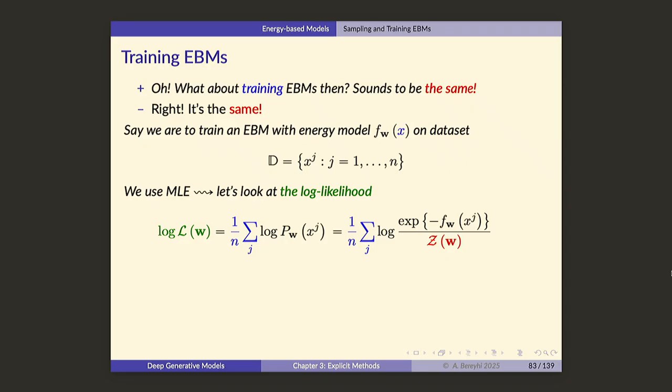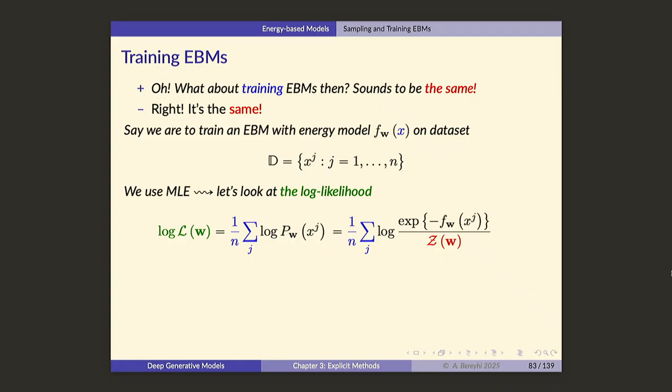And we talked about this: the partition function is not a function of x, but it is a function of the model, right? Because if I change the weights, those exponentials are going to change, their sum is going to change as well, and because of that, this partition function is going to change. So this is a function of my model parameters, but it's not a function of x, obviously, because it's a normalization factor.